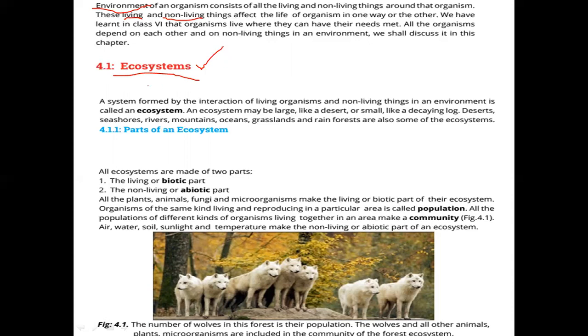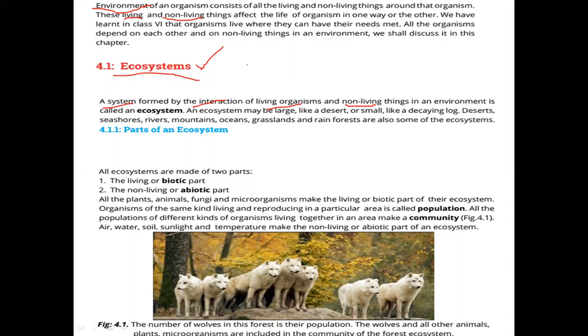Ecosystem is very much related to the environment because it is a system formed by the interaction of living and non-living things in an environment. How the living and non-living things interact with one another is called ecosystem.